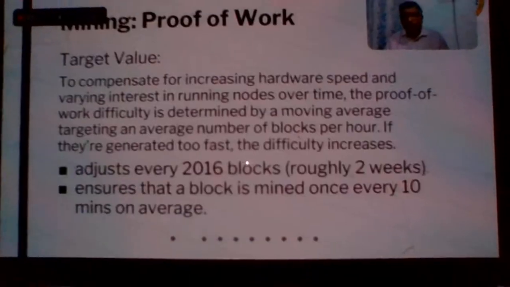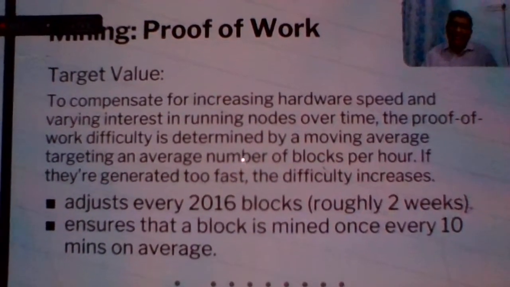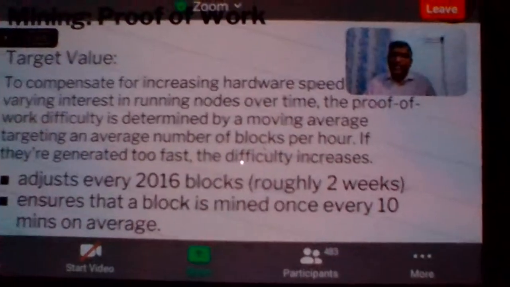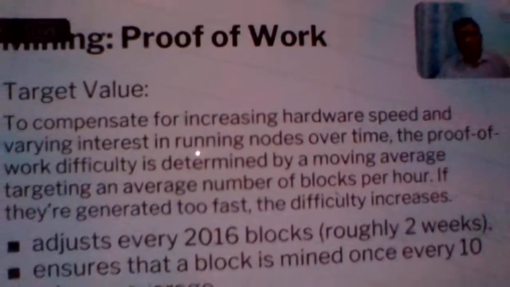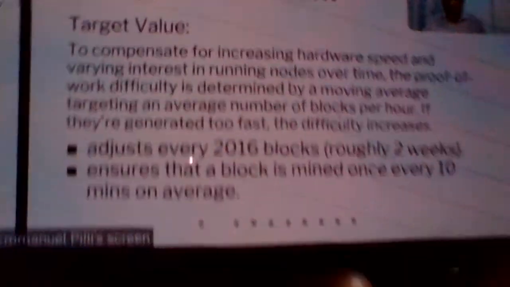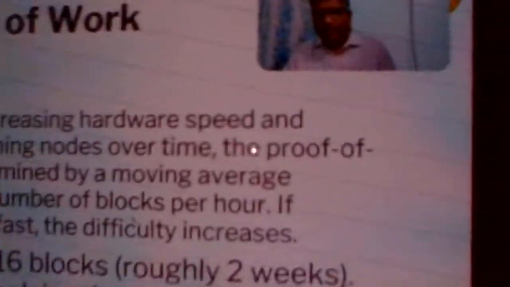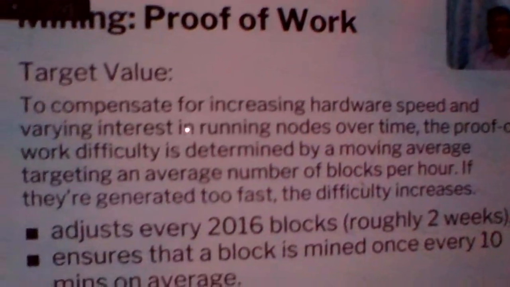So I'm just going forward. Proof of work is basically the algorithm that is used in Bitcoin. Proof of work is, if you are able to do more work, you can create more blocks. That's the point, right? If you have increasing hardware speed and varying interest in running nodes over time, your proof of work is determined by a moving average, targeting an average number of blocks per hour.